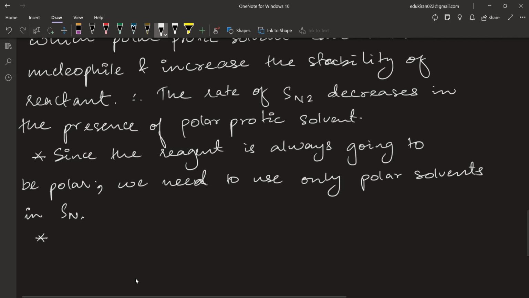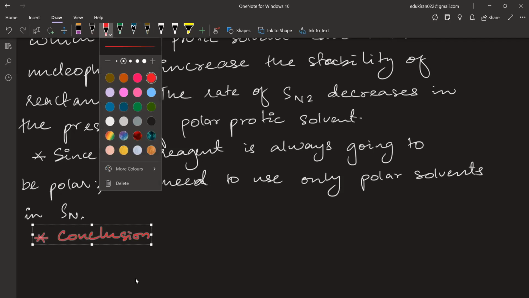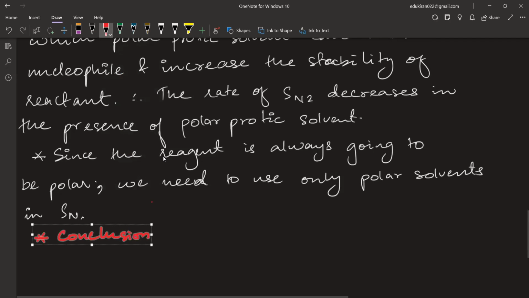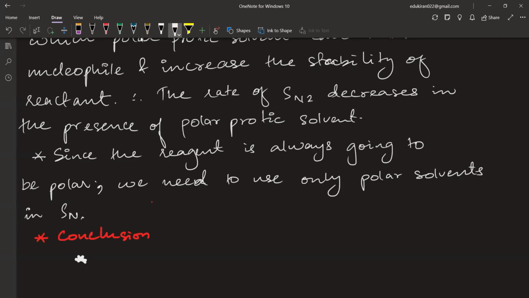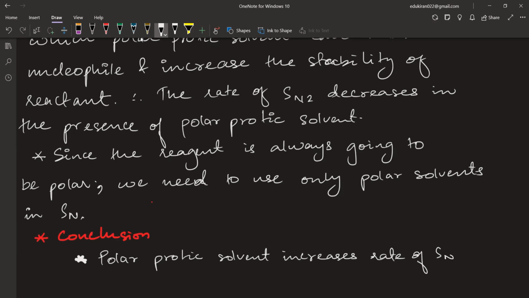And then you will write the conclusion. What is the conclusion here? The conclusion is polar protic solvent increases rate of SN1.